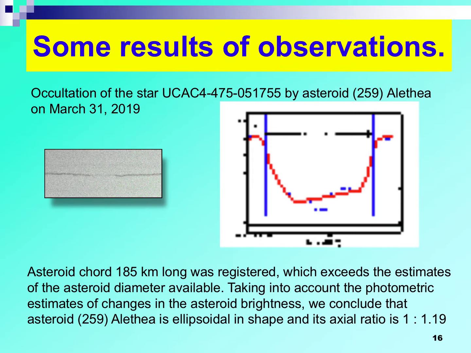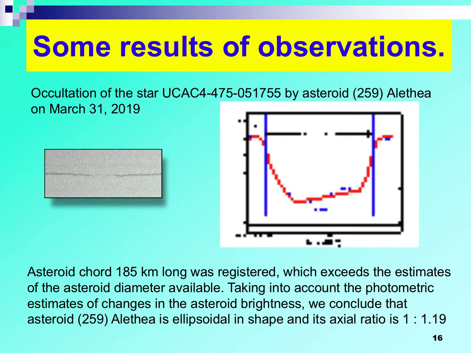A chord with a length of 185 kilometers near the asteroid 259 Aletheia was recorded during the occultation observation on March 31st, 2019. This is more than the accepted diameter of the asteroid of 179 kilometers.